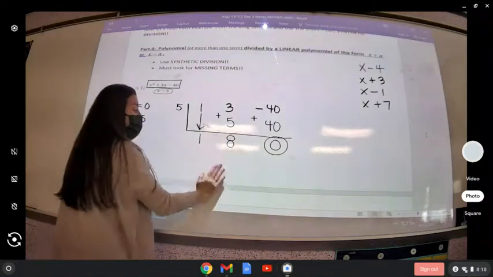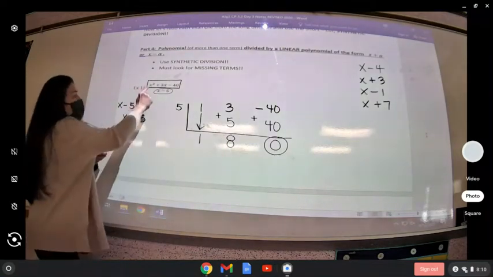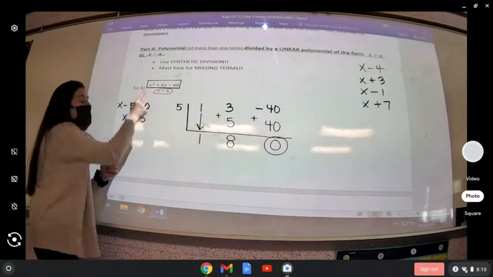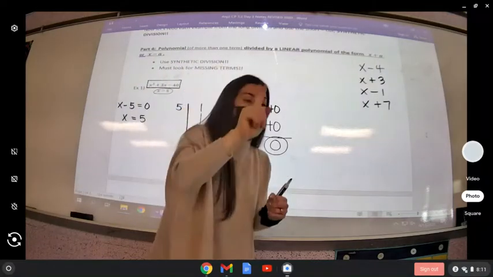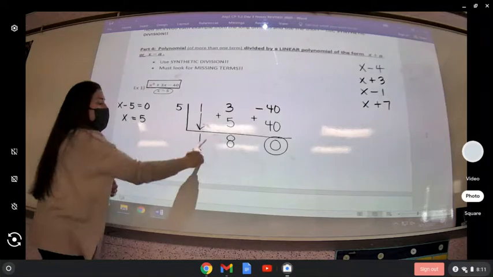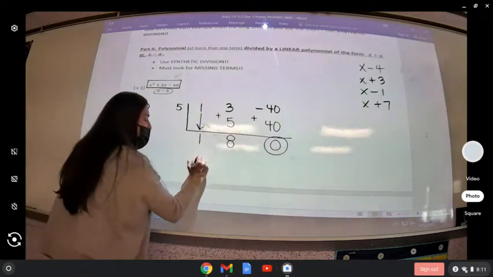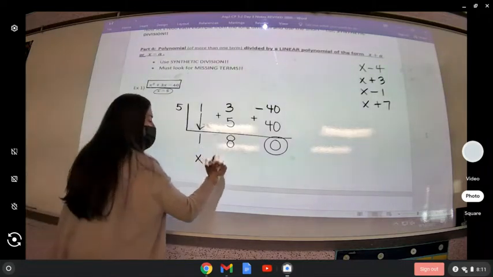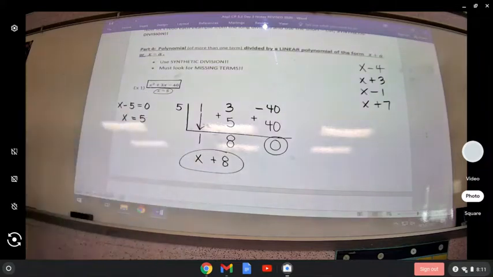If the original polynomial you were dividing into was degree 2, your answer polynomial always starts 1 degree less than the original. So if this was a degree 2, the answer is going to be a degree 1. So this is going to be a 1x. And then what comes after an x term? Just a number. So the answer is x plus 8.